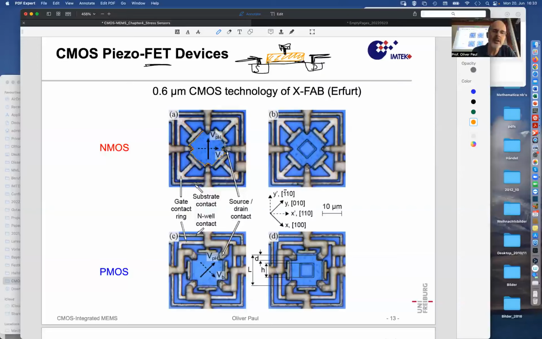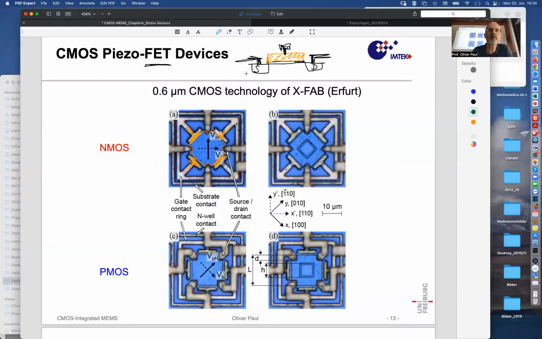So this is a gate, and the gate is contacted at these locations. No, sorry, wrong. I need to draw that again. The gate is contacted here on those sides. So these are the gate contacts. So it's symmetrically contacted.